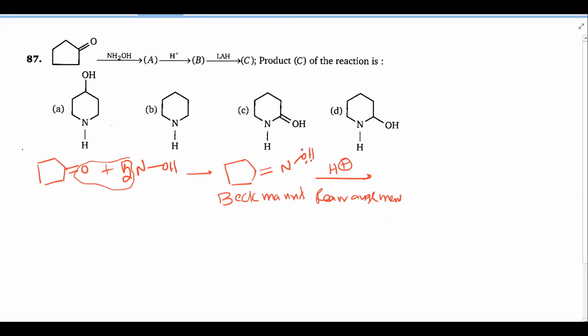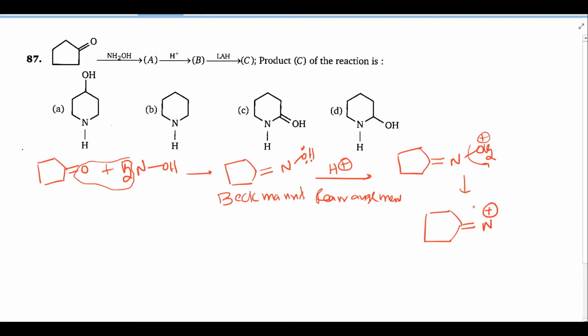The first lone pair is there, and I am telling the mechanism. Beckmann's rearrangement: this is double bond NOH2 plus. After that OH2 is eliminating, then you are going to get double bond N, and this N has positive charge.